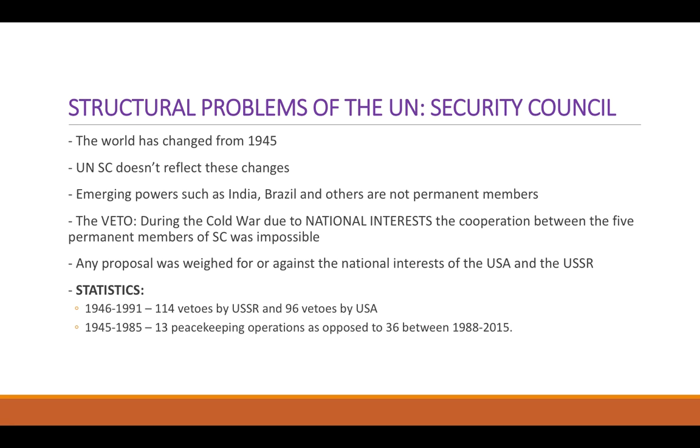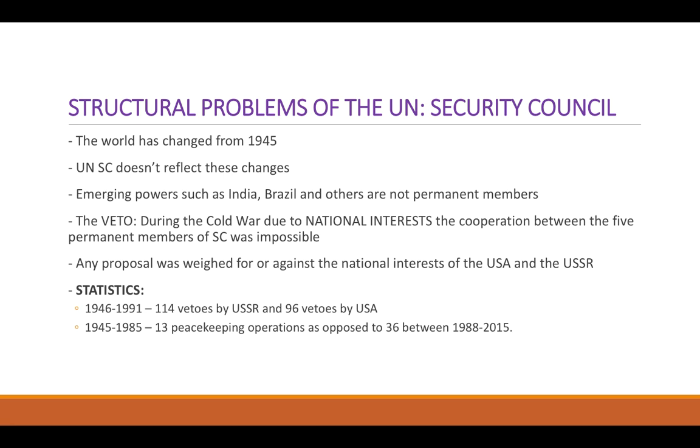For example, one of the problems occurs in the Security Council. As we know, the United Nations was set up in 1945, but we are now in 2020. The world has changed and evolved, and the UN Security Council doesn't reflect the changes.